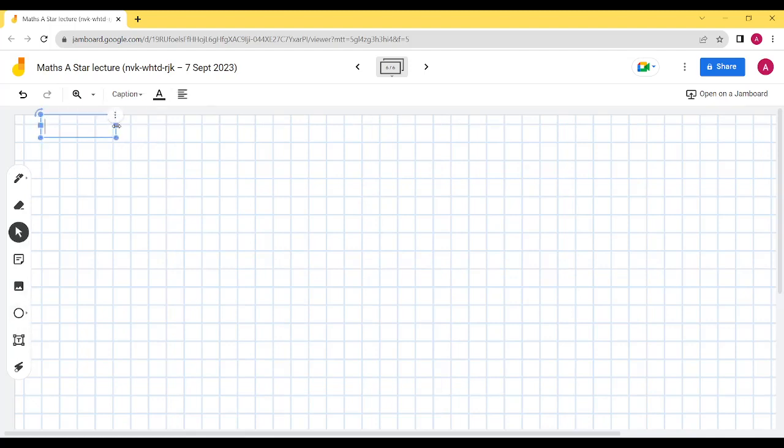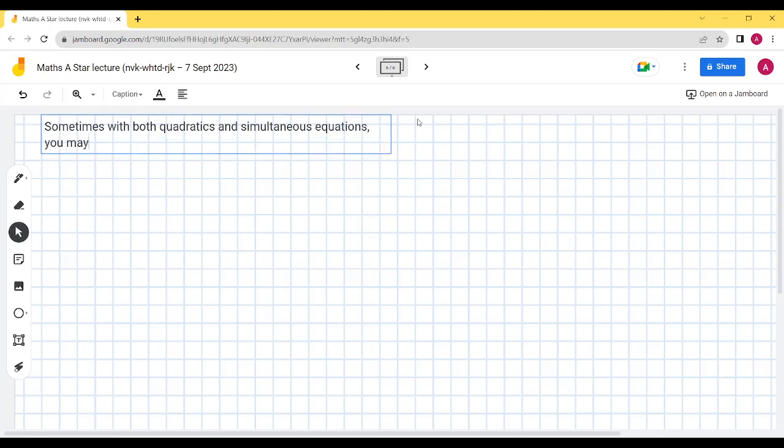Sometimes with both quadratics and simultaneous equations, you may be asked to solve them with graphs.